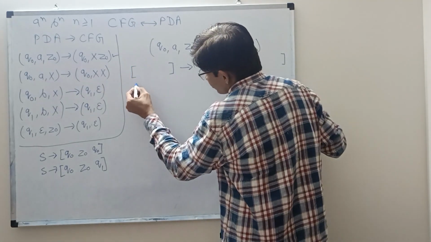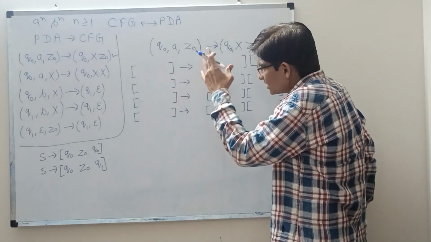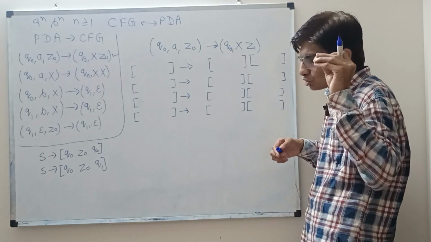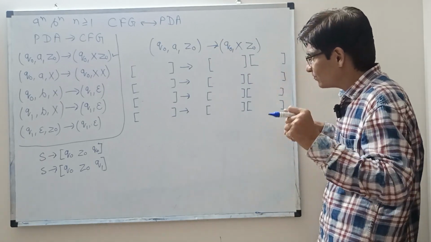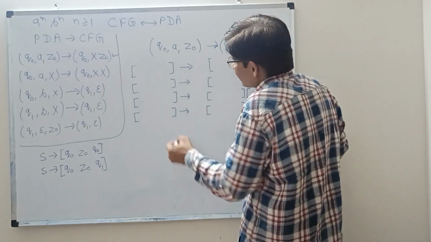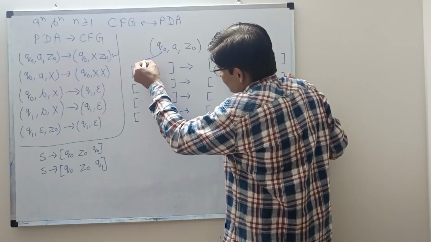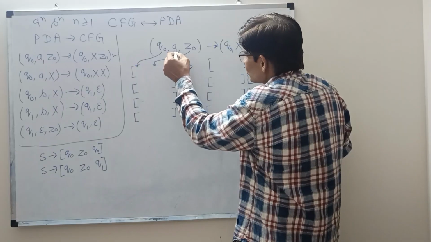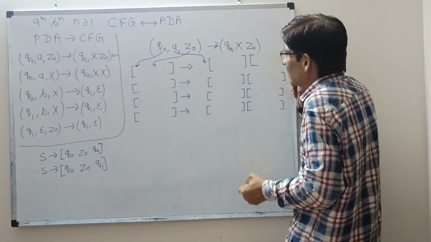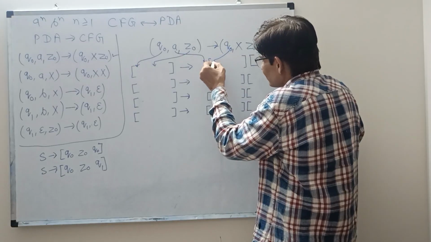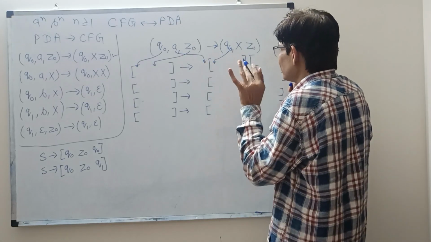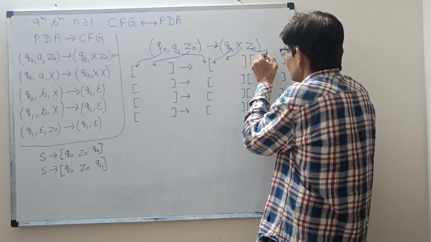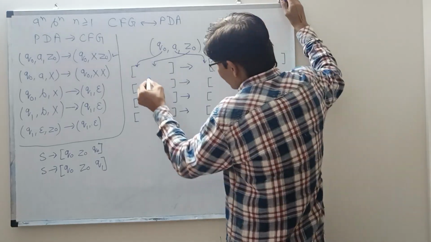Now what kind of productions would be there corresponding to this rule? You can understand it very easily. This particular state will come here, this particular symbol will go here, this particular symbol will come here, and this particular state will come here. In all the productions these will be common. So now you can fill all these values.